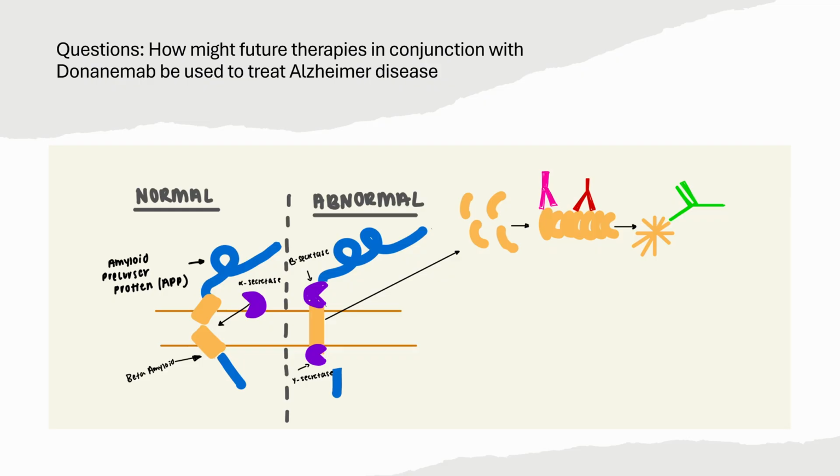So it targets the oligomer stage and tries to prevent that plaque from forming. And like we mentioned before, lecanemab selectively binds to beta amyloid oligomers also, trying to prevent that plaque from forming to start with.